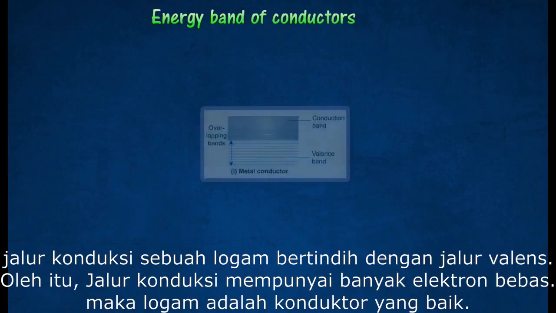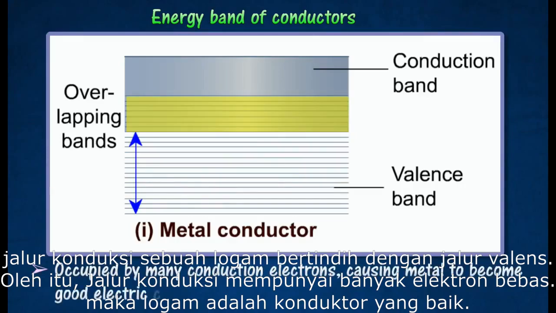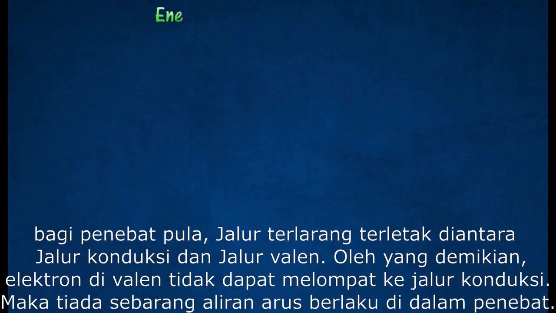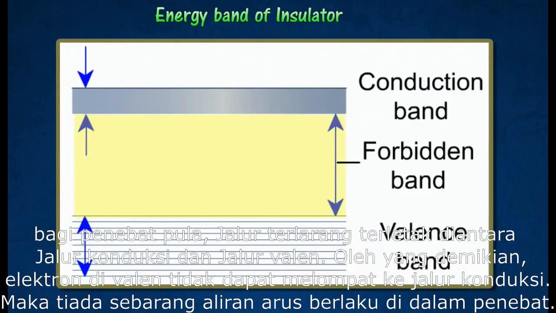In some metals, the conduction band and the valence band may overlap. Thus, the conduction band is occupied by many conduction electrons, causing these metals to become good conductors of electricity. In insulators, the conduction band and the valence band are separated by a band gap called the forbidden gap.